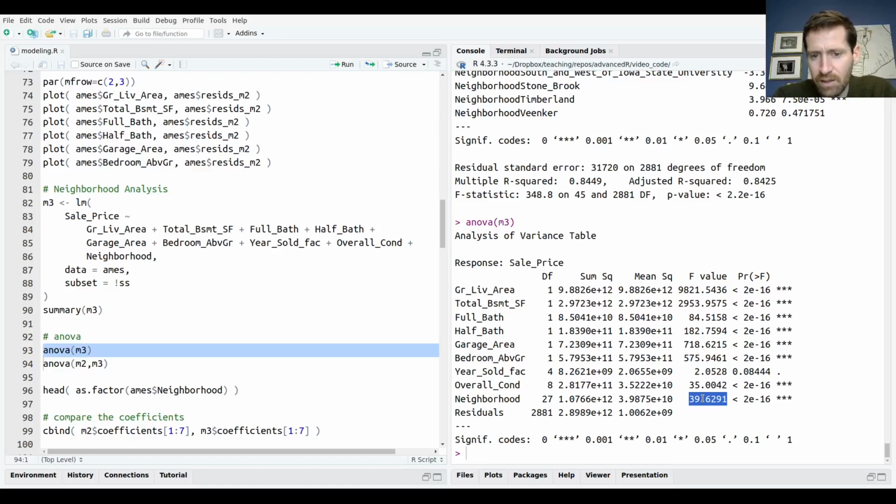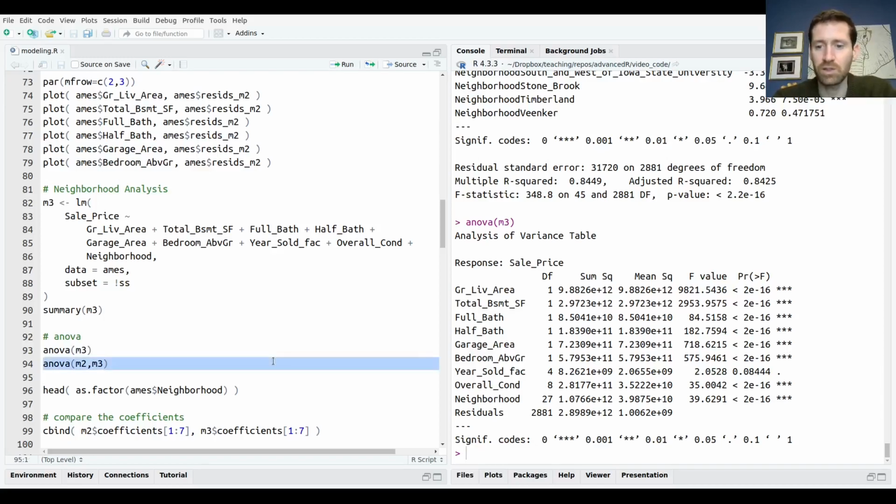And you can see when you do ANOVA on this model, it prints out a whole bunch of stuff. Basically, these F tests are not interesting. Only the last one is interesting because it's comparing a model with neighborhood to one without neighborhood. In my personal use of the ANOVA function, I almost never call it this way with a single model. I'll almost always call it with the two specific models that I want to compare.